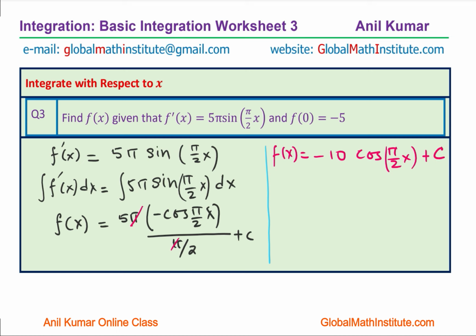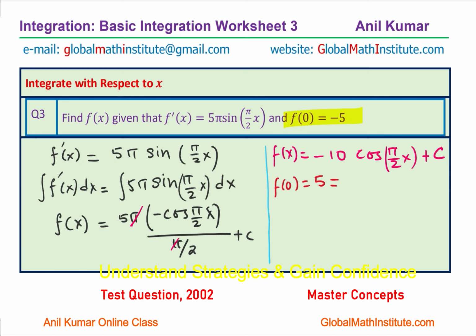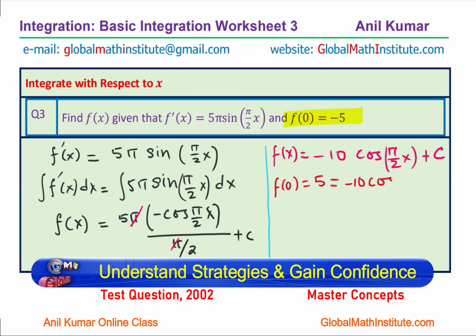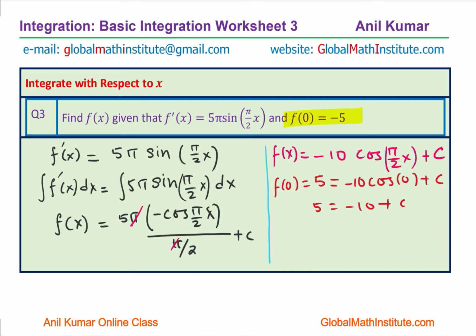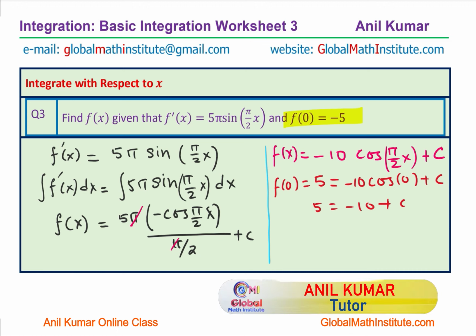We know the initial condition, which is f of 0 is minus 5. So that should help us to find the value of c. So substituting 0, we get minus 10 cos 0 plus c. Minus 5 equals minus 10 plus c, since cos 0 is 1. So bringing it to the other side, we get 5 plus 10 equals c.